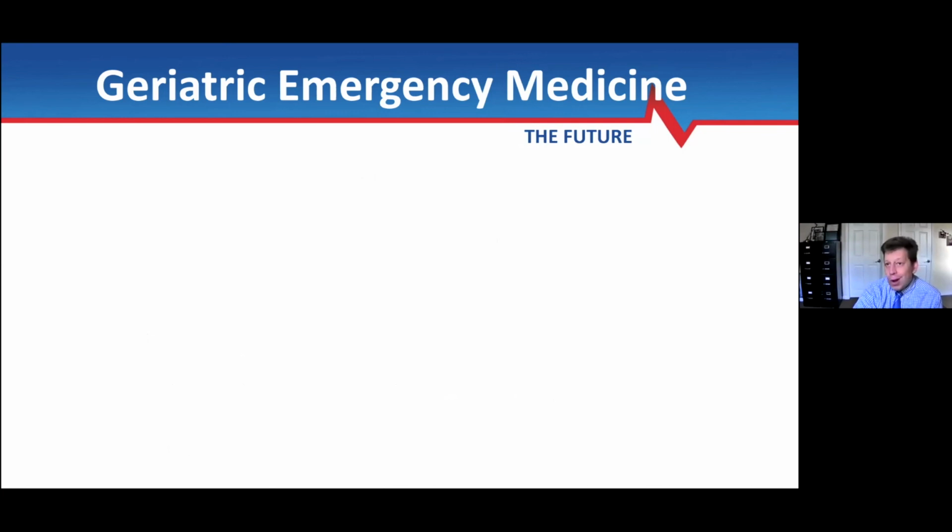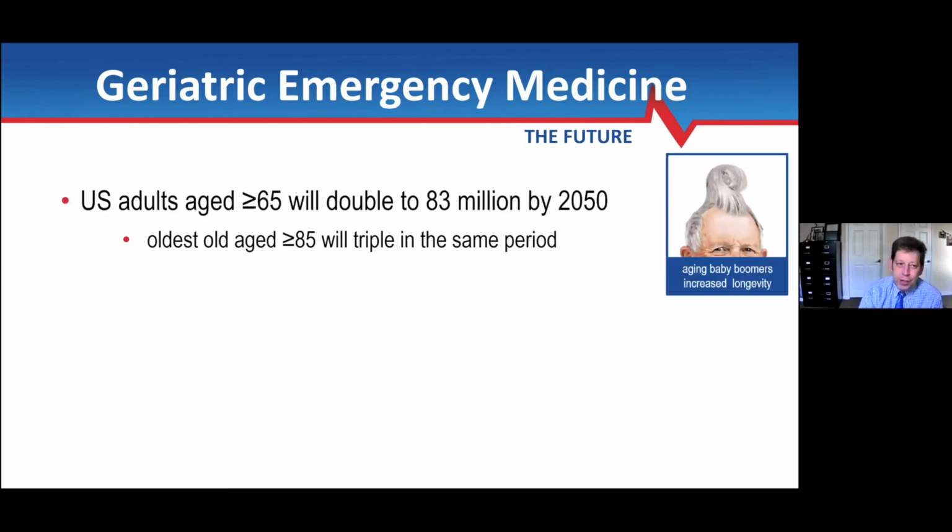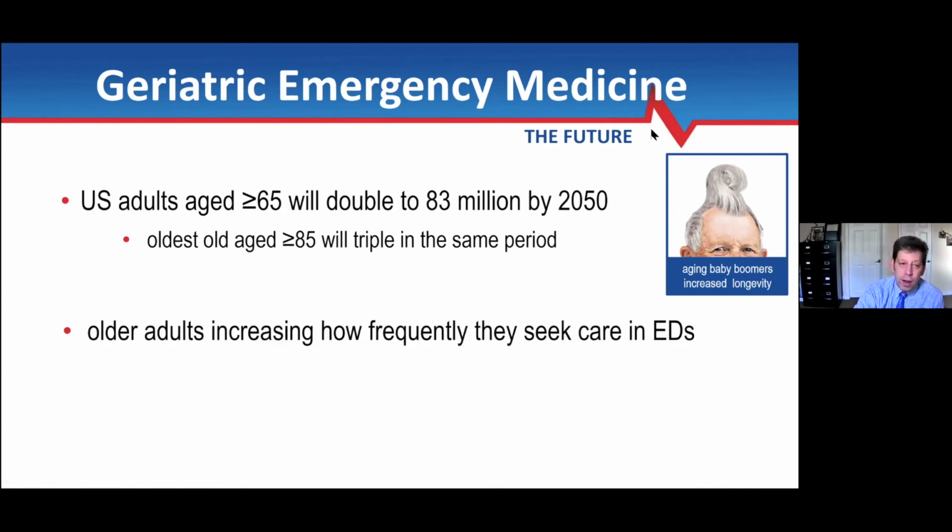So first, our future. It turns out that U.S. older adults aged greater than 65 will double to 83 million by 2050, and the oldest old will triple during the same period. In fact, it's sometimes called the silver tsunami, but realistically, what it means for us, because of aging baby boomers and increased longevity, we're going to be seeing more patients.